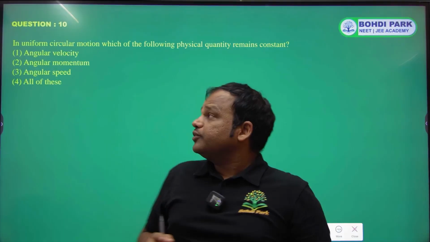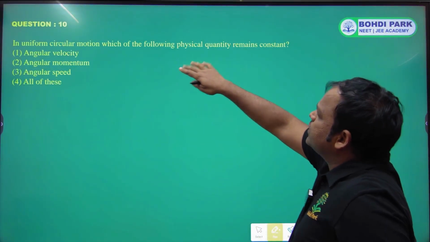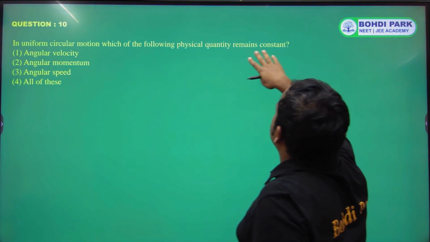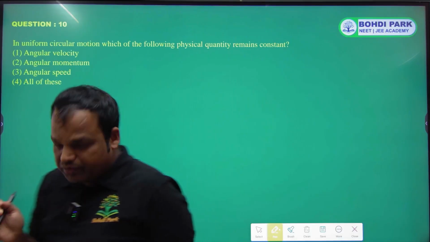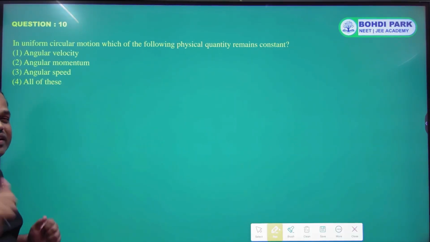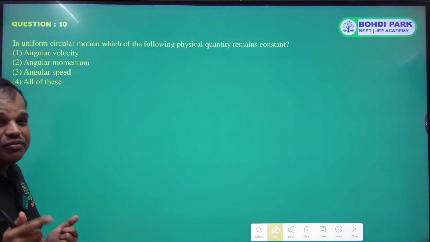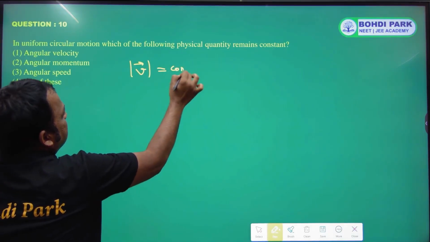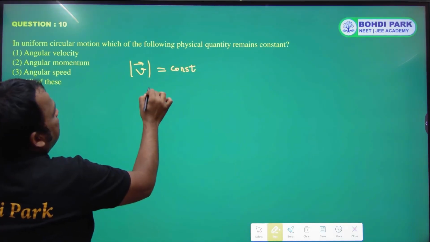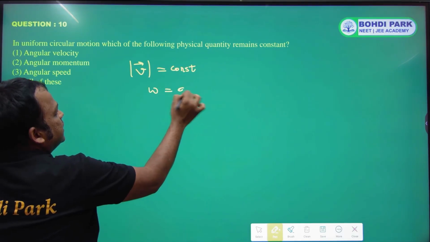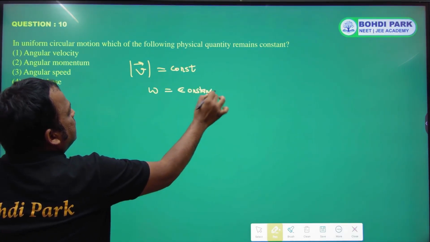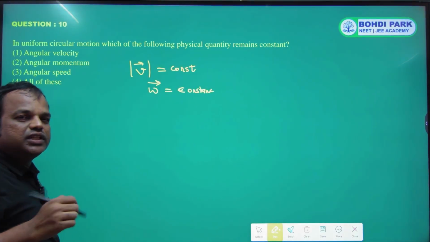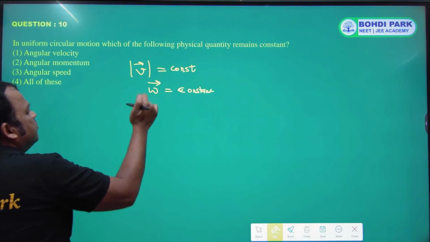Now look at this 10th question. In uniform circular motion, which of the following physical quantity remains constant? So uniform circular motion means speed remains constant, magnitude of velocity remains constant. So V vector magnitude is constant. Angular velocity is also constant, the direction and magnitude of angular velocity constant.